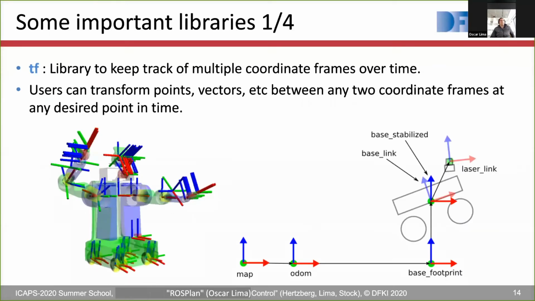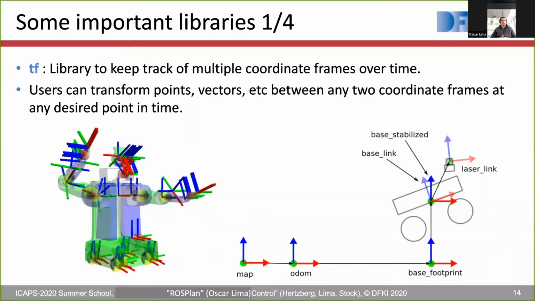Next, I would like to talk about 4 important libraries in ROS. The first one is TF. TF stands for Transformation Library. In robotics, you have, of course, multiple coordinate frames, which are part of the robot. And maybe also not part of the robot, but if the robot is perceiving an object, you get the detection of what this object is and where it is with respect to the camera.